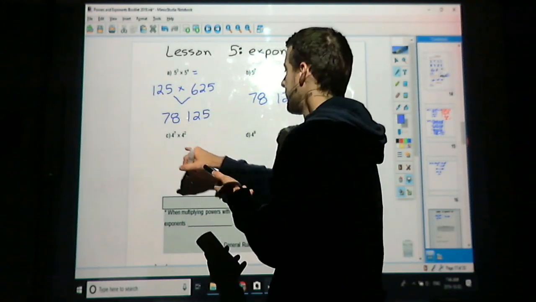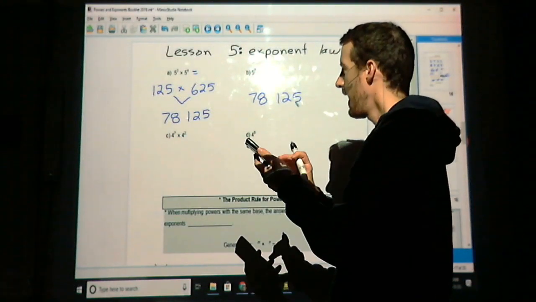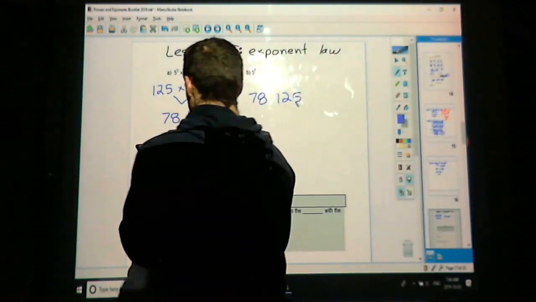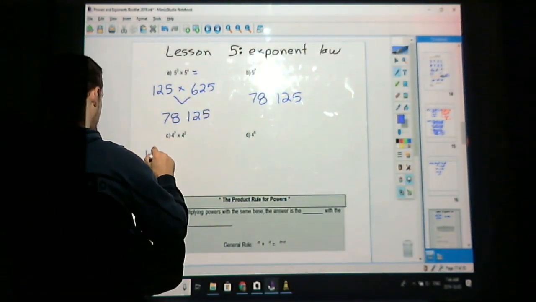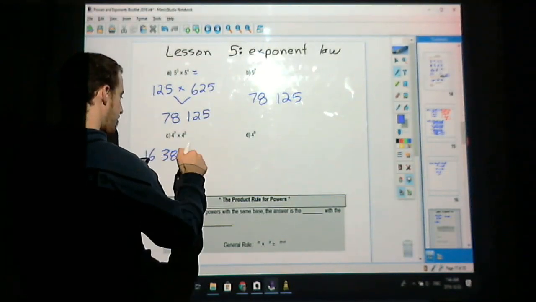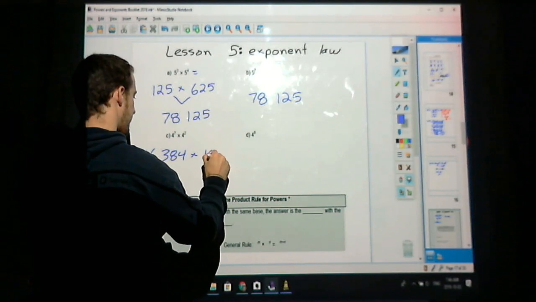Over here we can look at 4 to the power of 7, which is 16,384, and 4 squared is 16.